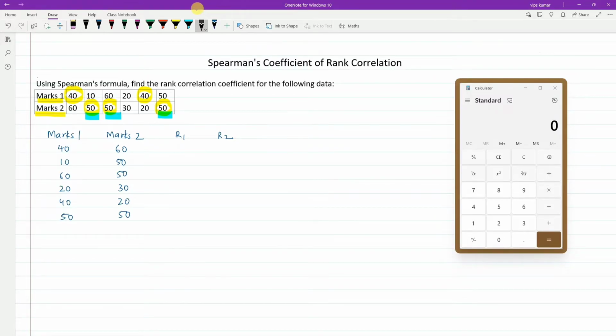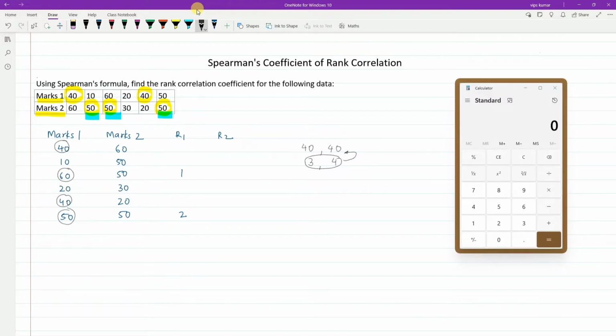So over here in marks 1 we can see that 60 is the highest. So that will be assigned rank 1, followed by 50, which is 2. Now for the third place we have 40 repeated twice. So 2 times 40 means rank 3 and rank 4 will be allocated to this.